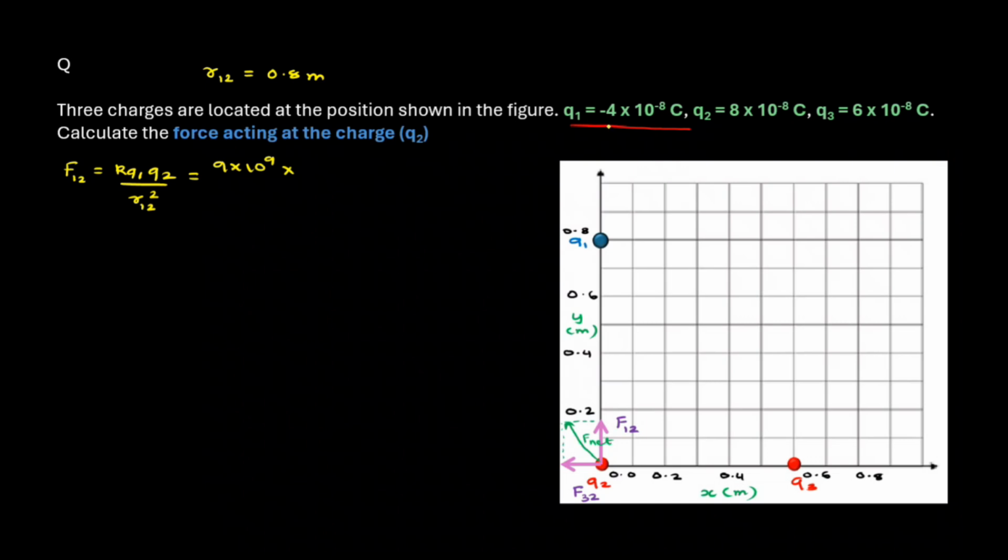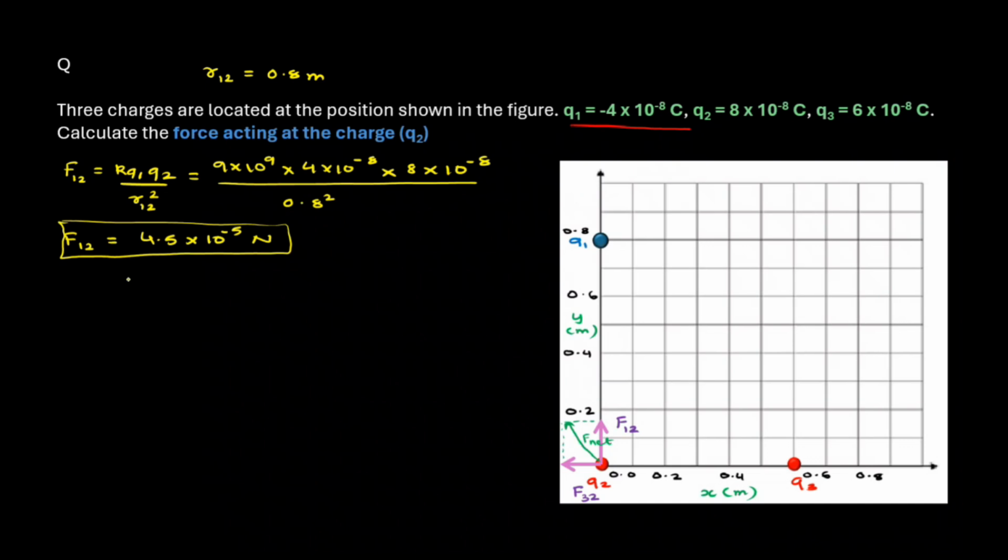Q1 is negative 4, but while calculating Coulomb's force, we are going to ignore this negative sign. 4 times 10 to the power negative 8, Q2 is 8 times 10 to the power negative 8, over 0.8 squared. And when you solve this, you get F12 equal to 4.5 times 10 to the power negative 5 Newton.